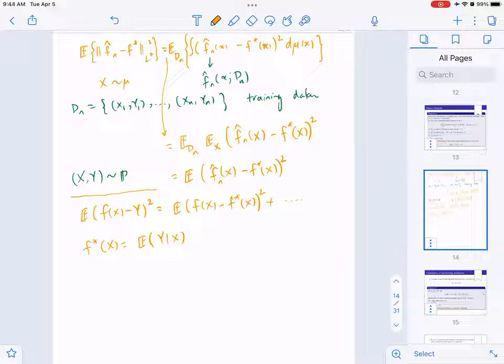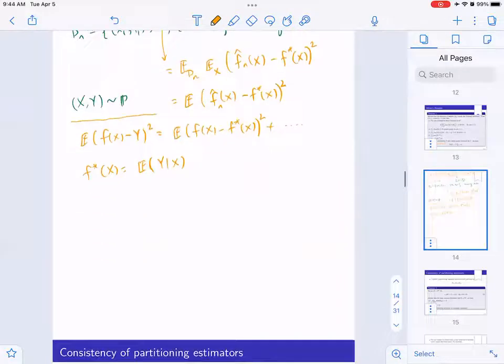Is it clear now? This is basically a conditional bias-variance decomposition if you write it. Other questions? I won't write it. I want to assign it as an exercise. It's good for you to go through, and we will basically do similar things when we try to prove Stone's theorem.